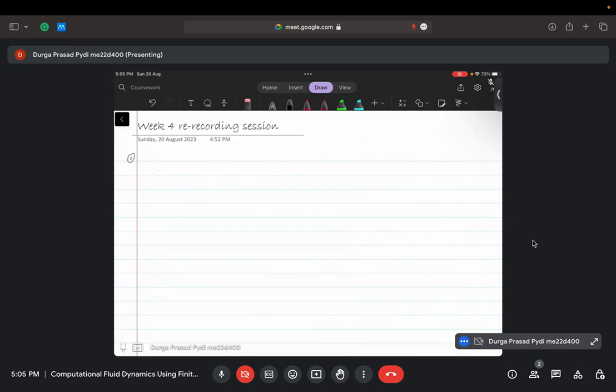So we have a fin. This is a constant area fin. This is x equal to 0. This is x equal to 1, and the governing equation is d/dx of k times dT/dx plus hP by A times (Tf minus T) equal to 0, with the boundary conditions as T at x equal to 0 is an isothermal base, T naught, and at x equal to 1 this is an adiabatic one.